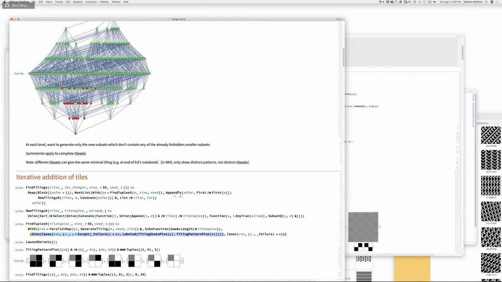So now what it's saying is, at every stage, what we've got here is now a subset of one that already did tile, but those are the minimal tiles so far, I think.